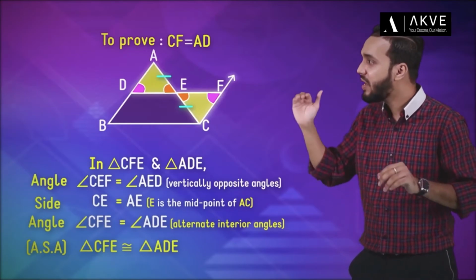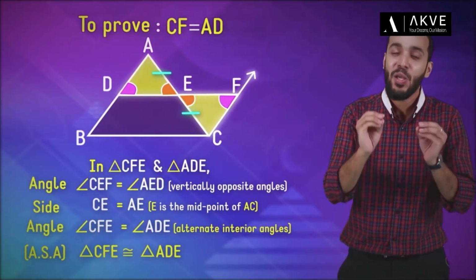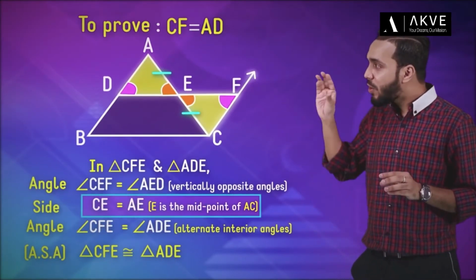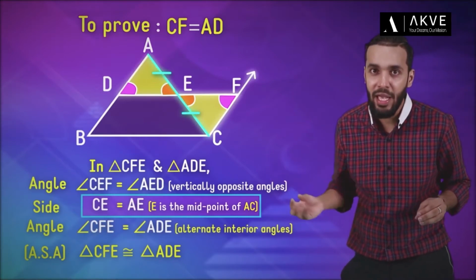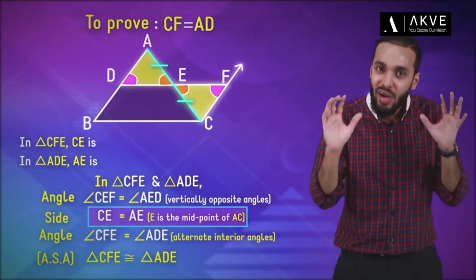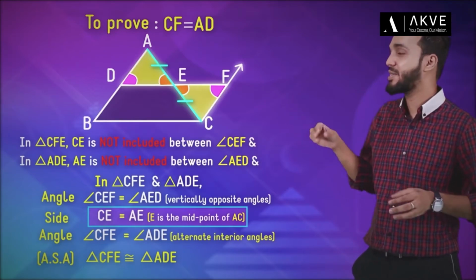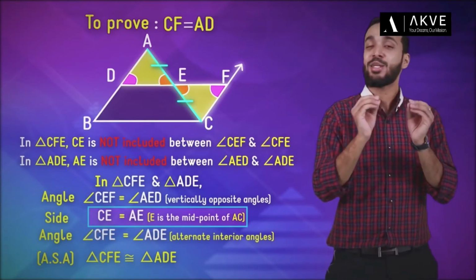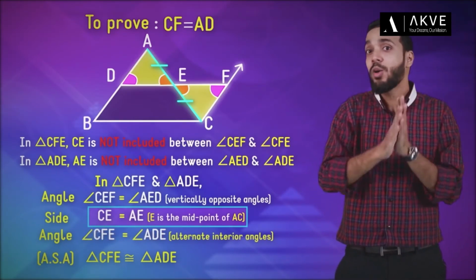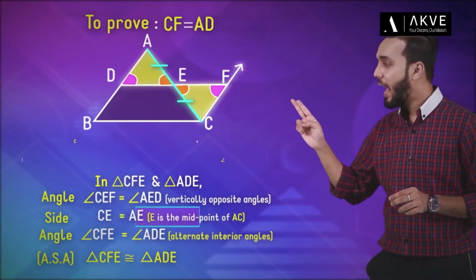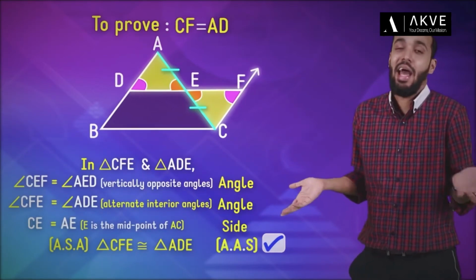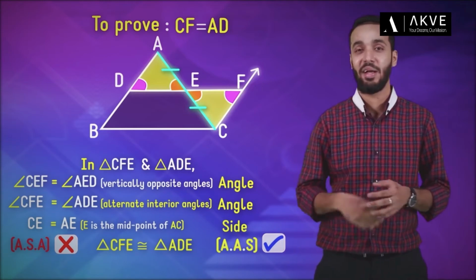If you observe these two triangles, you will be able to see that the corresponding sides we are comparing are actually not included between the pairs of corresponding angles. So, the criterion of congruence here is actually angle angle side and not angle side angle.